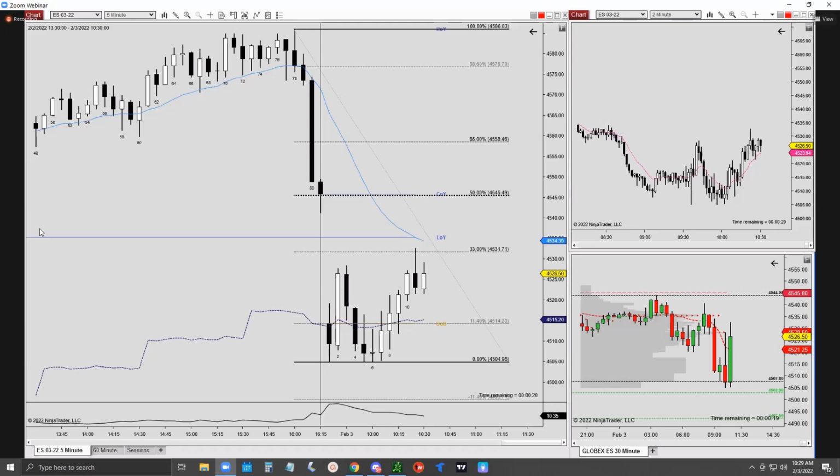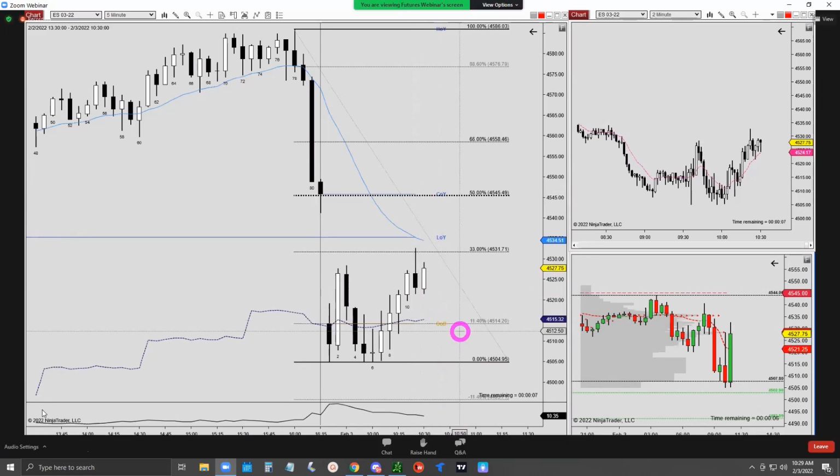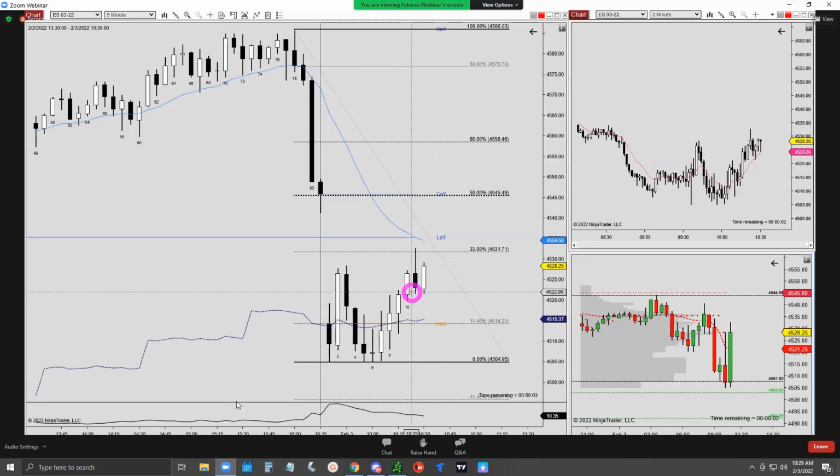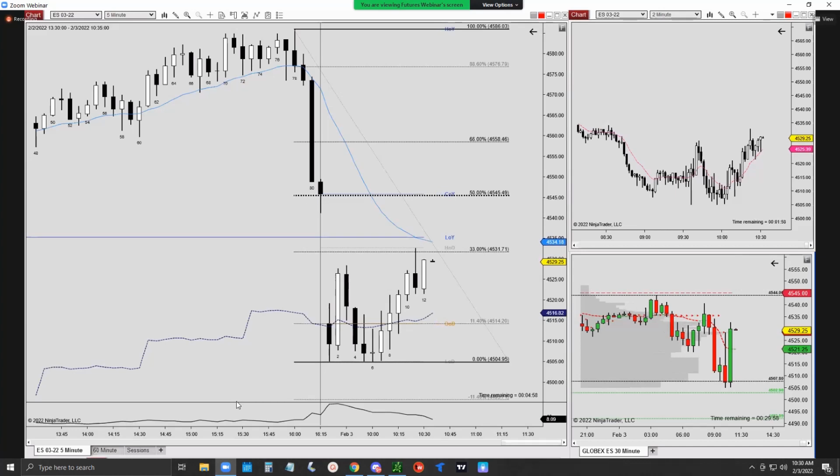So if bulls want to close this gap, they're going to have to close a bar above 33% to get to the 50. Now, I did say that there are buyers waiting underneath. The limit order buyers bought below the bar body of bar 11, so right around here. Okay, here we go.